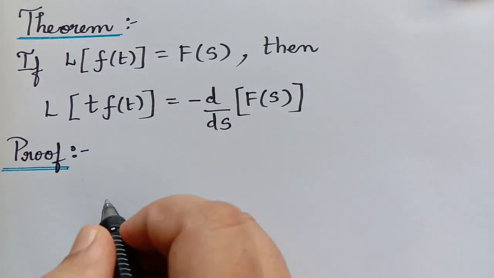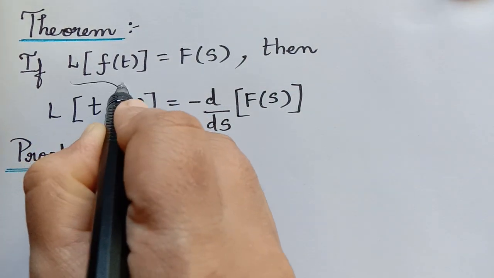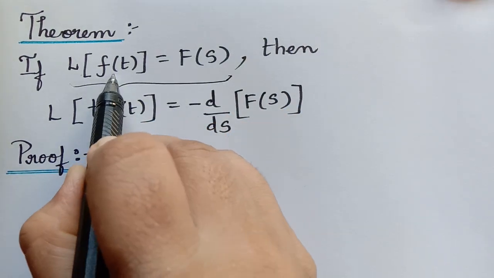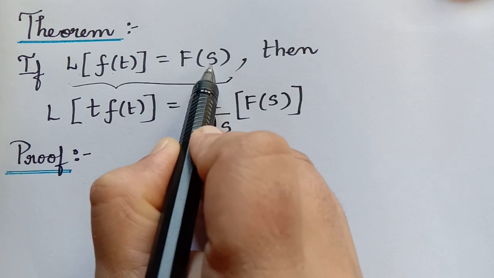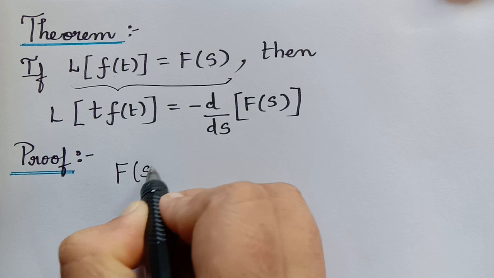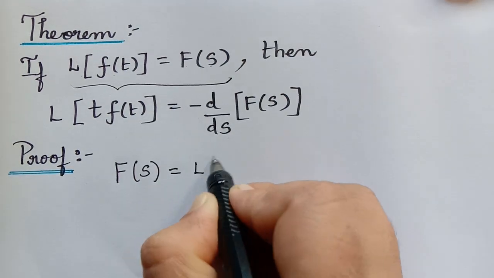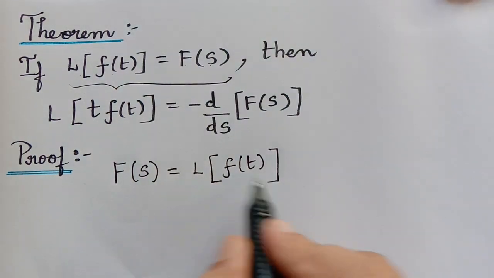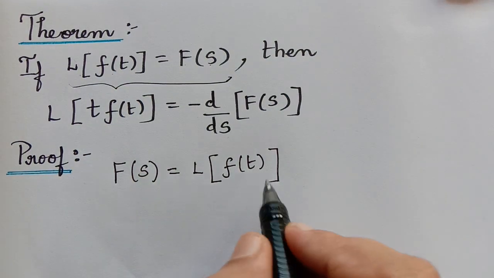So in order to prove this theorem, we shall first consider the given part. That is, it is given that L of f of t is equal to capital F of s. So we can rewrite this as capital F of s is equal to L of f of t. Now we shall differentiate on both the sides with respect to s.